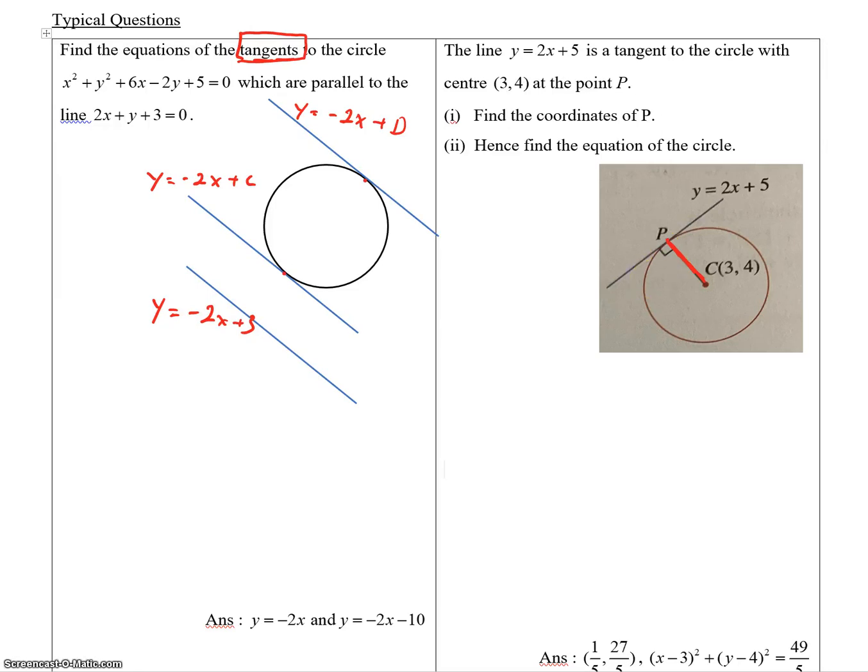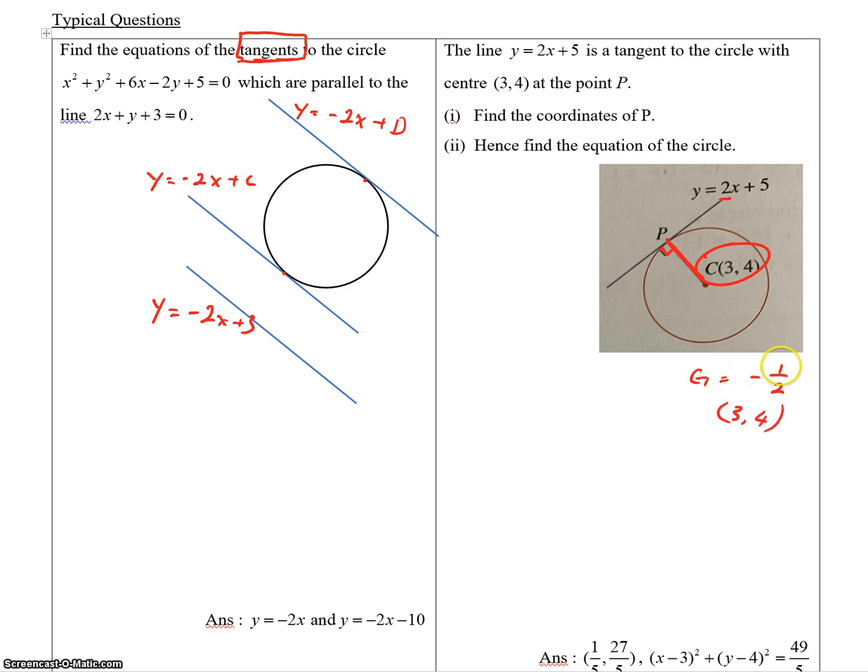As with all lines, we need a gradient and also one point on the line. The point is over here, and the gradient of this is -2. Since this is a right angle, the gradient is, let's do it in side working, flip and negative like that, and the one point is 3, 4.